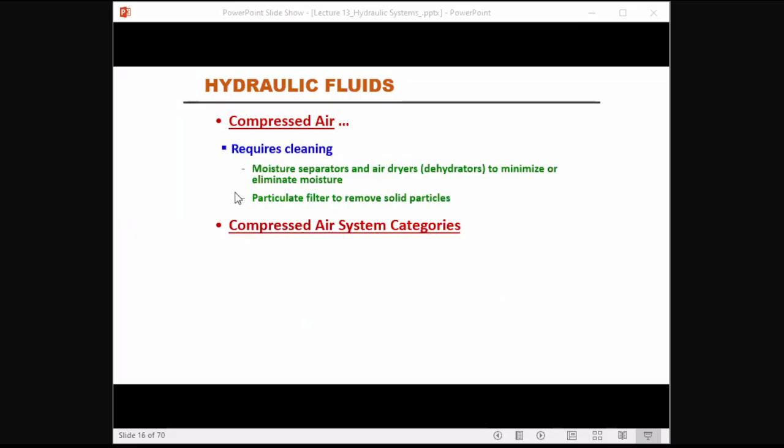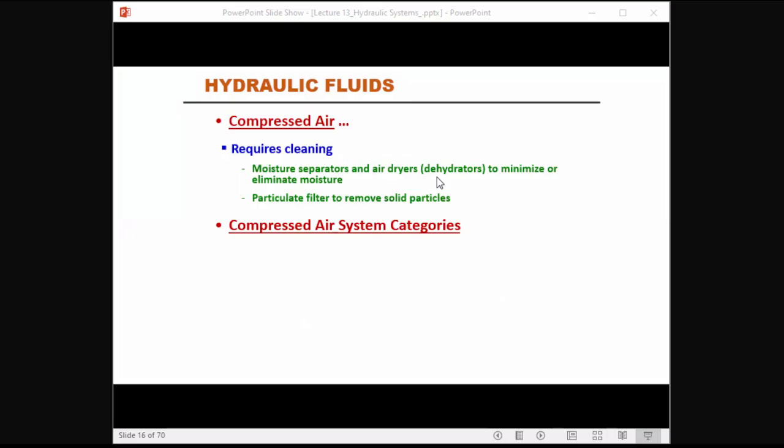Moisture separators and air dryers minimize or eliminate moisture. We need to clean this air using moisture separators and air dryers before compressing the air.